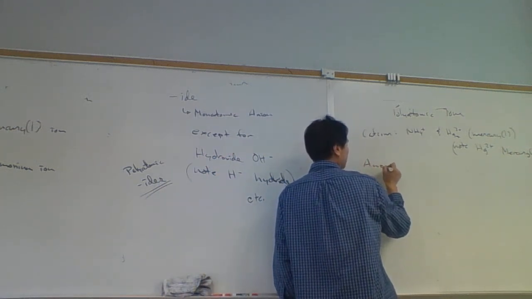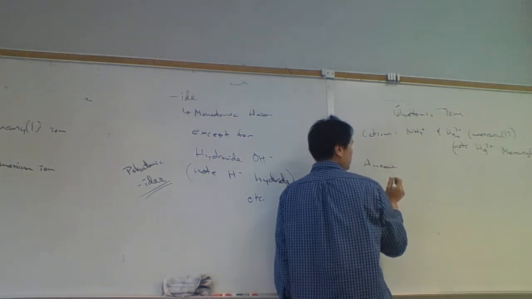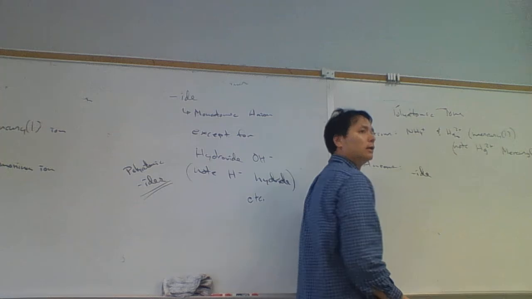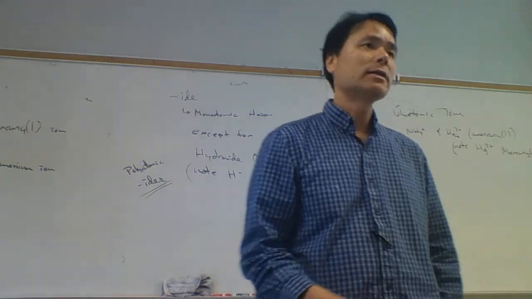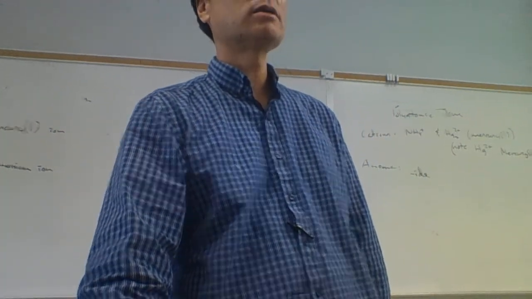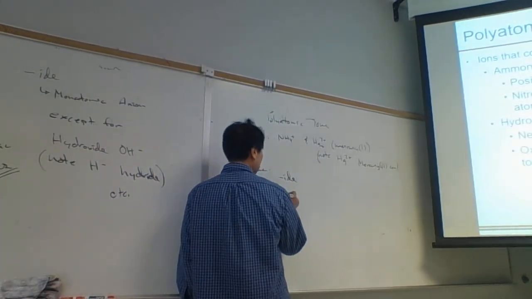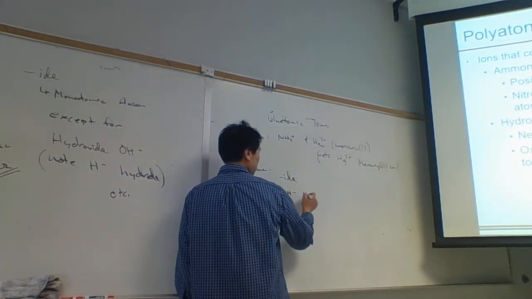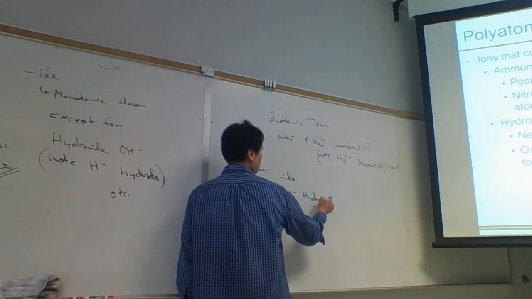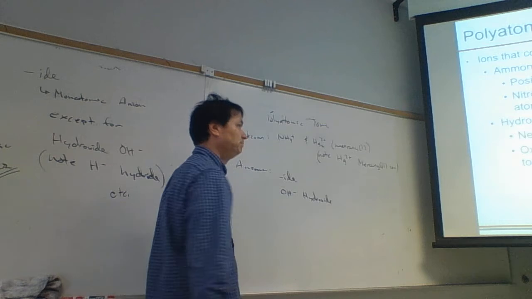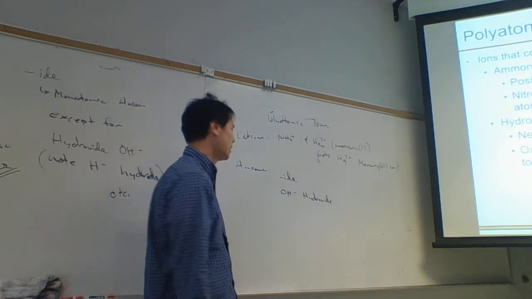And for polyatomic anions, there's lots. And so the anions, we get a clue by their ending. So for example, if they end with "ide," normally we automatically think it's monatomic, but there are some polyatomic ides that we have to worry about. And so what are they? For example, OH minus is called hydroxide. What else?